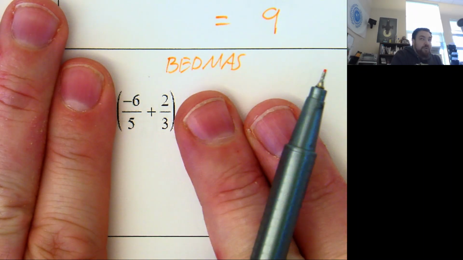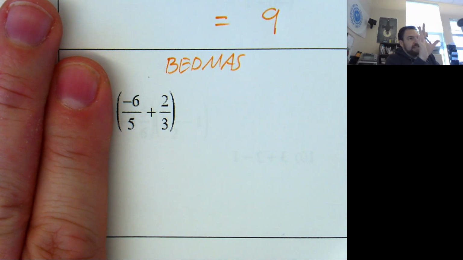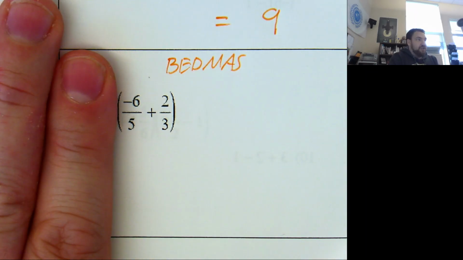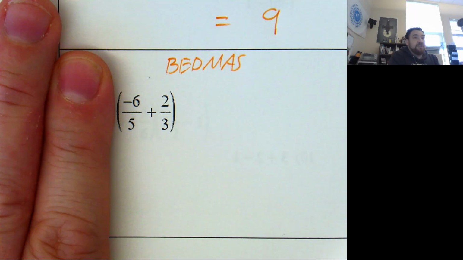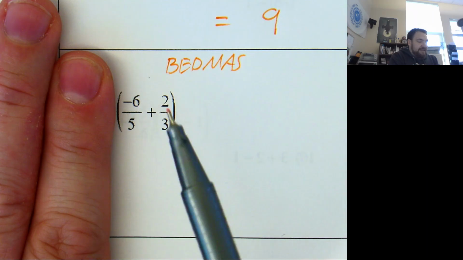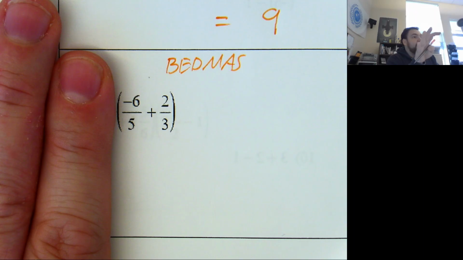Do what you can to focus just on those brackets. So much of the time with these kinds of questions is being able to focus on just what you need to worry about at each step. So cover up the part of the question you don't need to think about. Let's just do this part. This is a simple addition question that lots of you were able to do last week. Put your phone away, Liam. I'm not going to ask again. Negative 6 over 5 plus 2/3. When I'm adding fractions, what do I do?